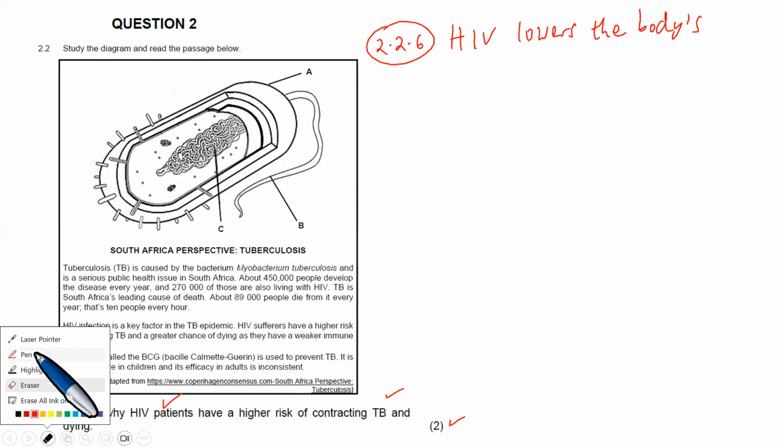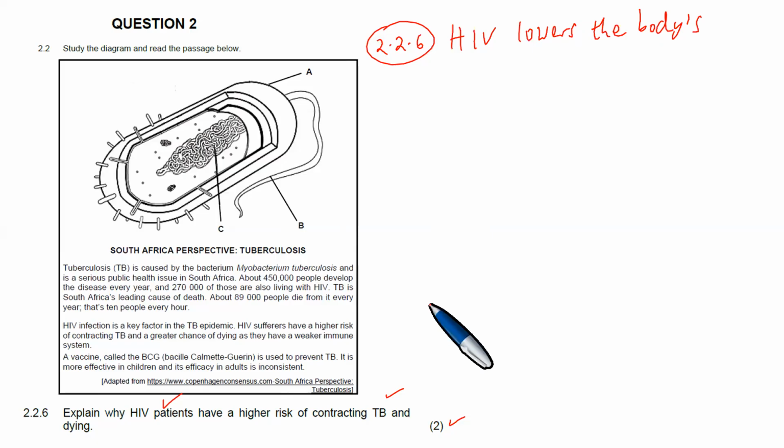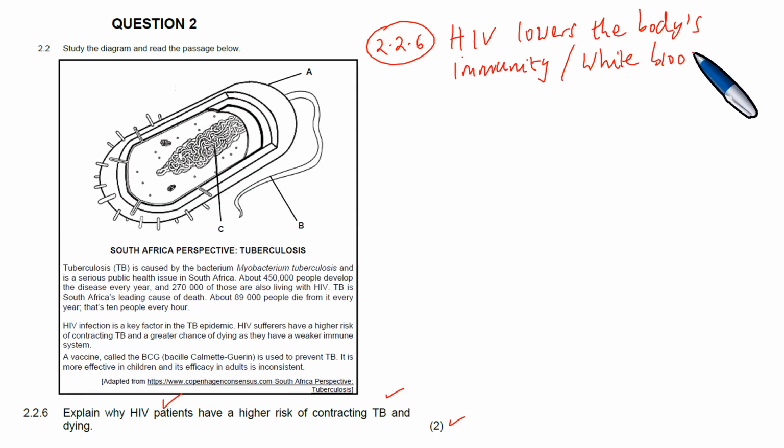So to answer why HIV patients have a higher risk of contracting TB and dying: HIV lowers the body's immunity, or the white blood cell count.